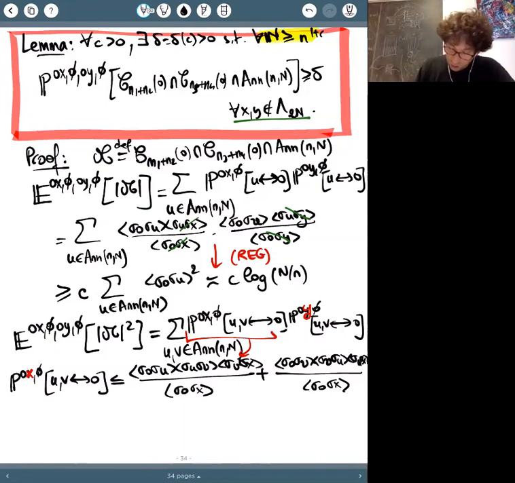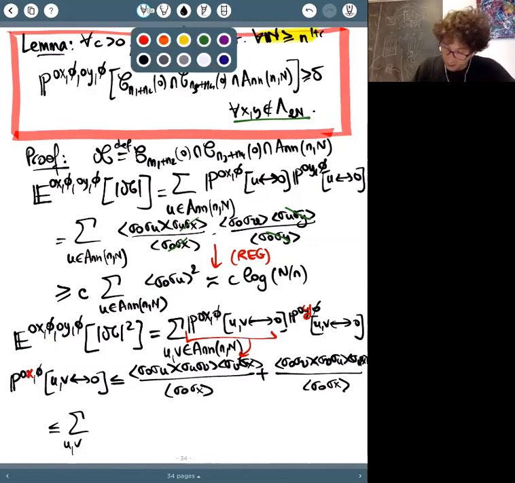Once you use this inequality and plug it in the second moment, again using the fact that u and v are roughly at the same distance of x and y than 0, you end up with the fact that this term cancels.